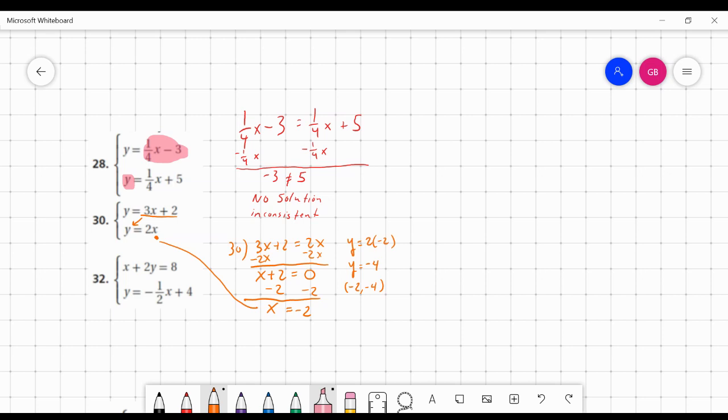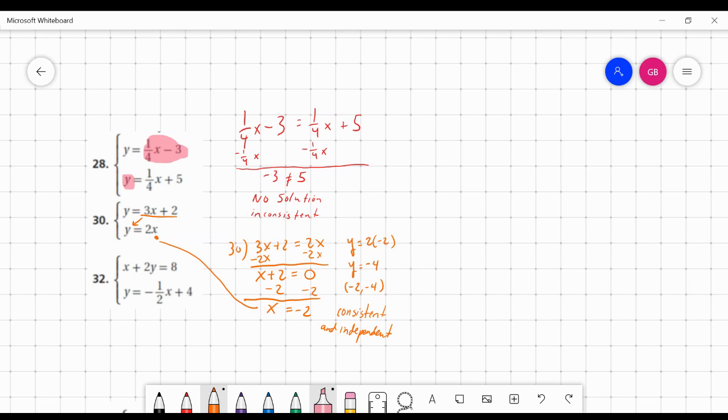This system is independent and consistent. When you have a solution, that means that it's consistent. This one only has one solution, so it's independent.